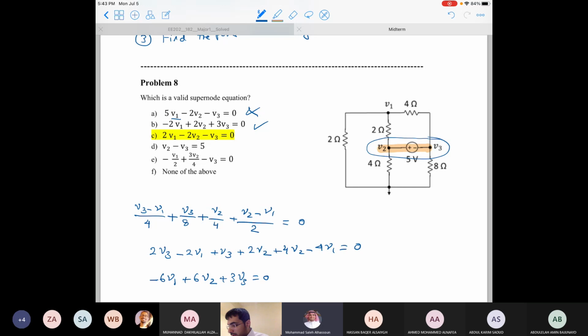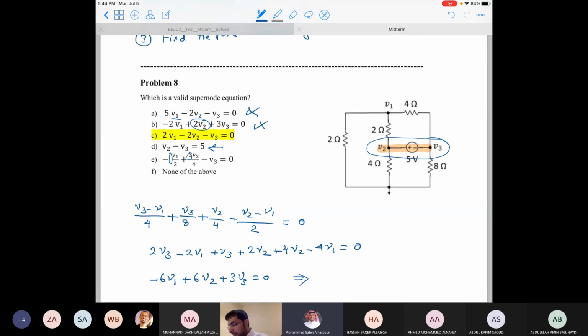This one, the second one, could be a good candidate, but we can see that the term associated with V2 is actually twice the term associated with V3, which is not valid. This one does not have V1 in it, so this is not valid. This one is not a valid one because I have 3 here, and it is not one of the options.